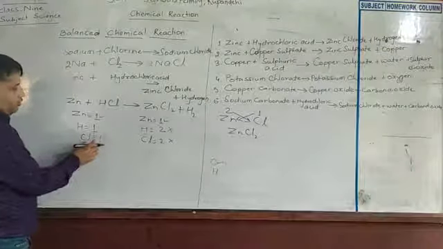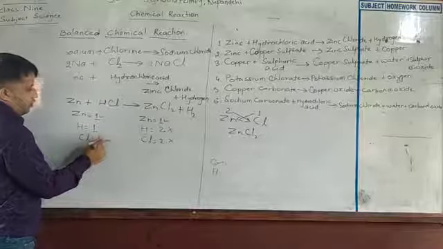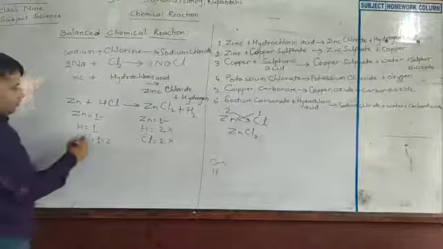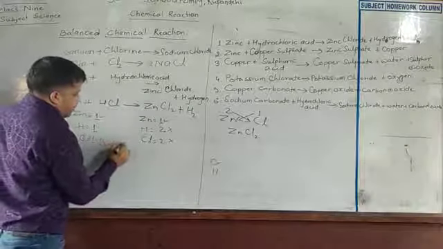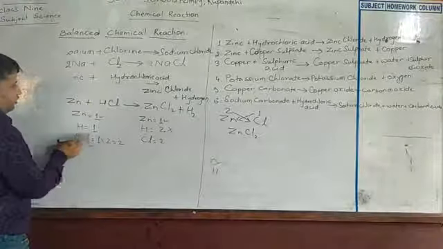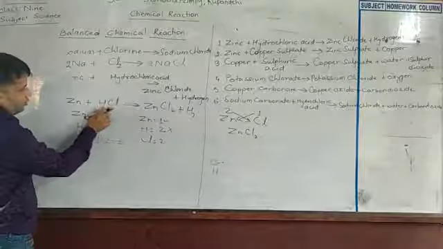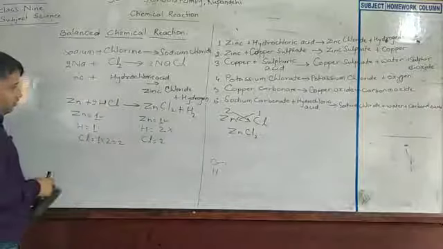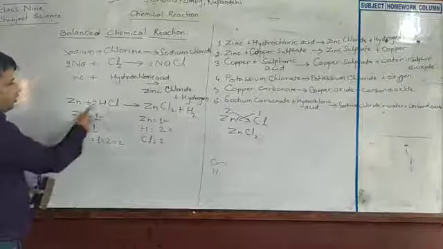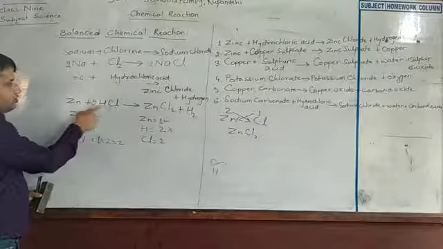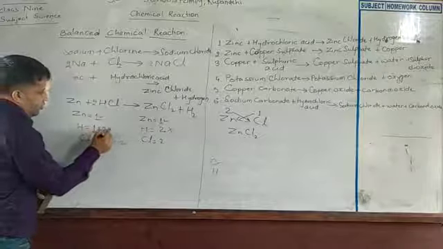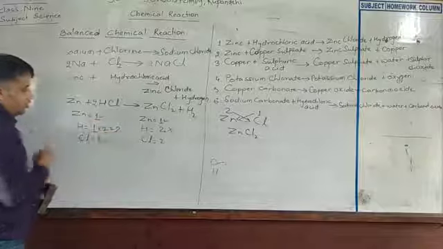Okay, so chlorine 1 is here. If we multiply it by 2, then chlorine will be balanced. Chlorine is in the reactant side here, so we write coefficient 2. When we write 2, it multiplies chlorine and it is also multiplied to hydrogen, so automatically hydrogen becomes 2.